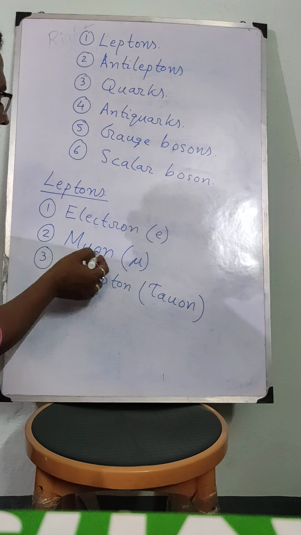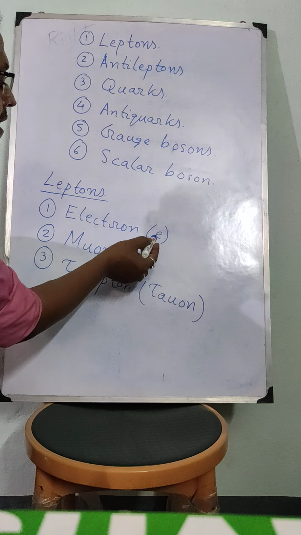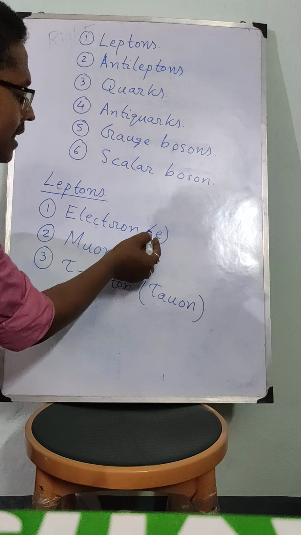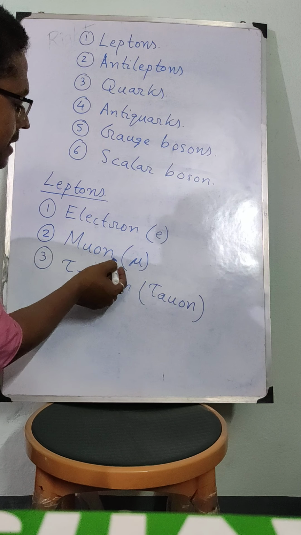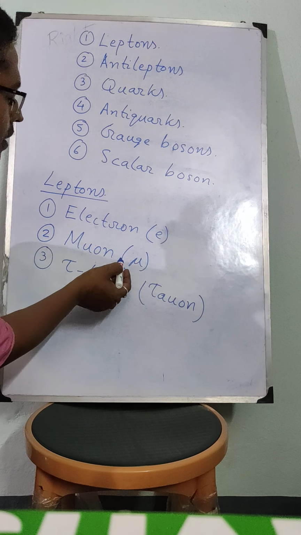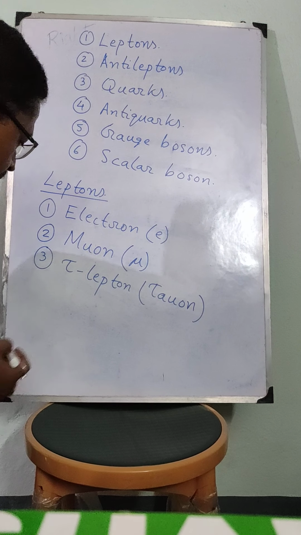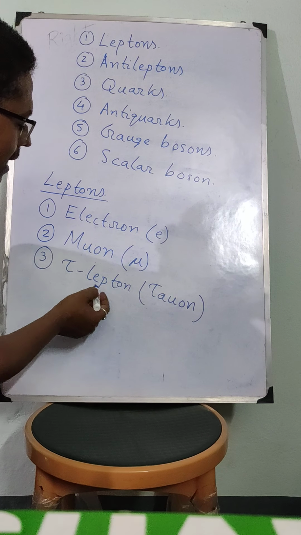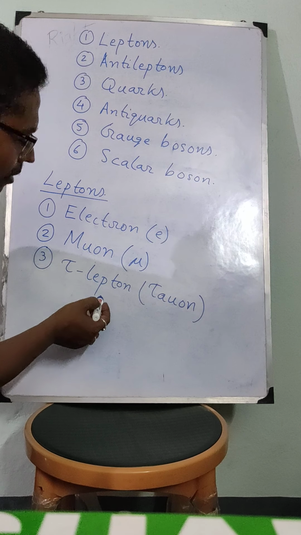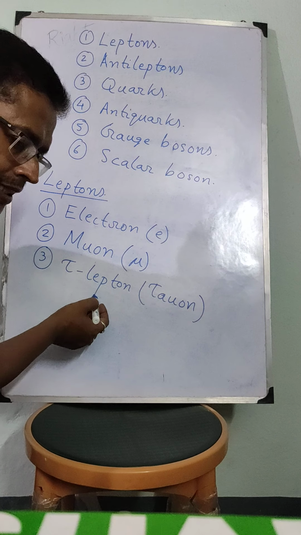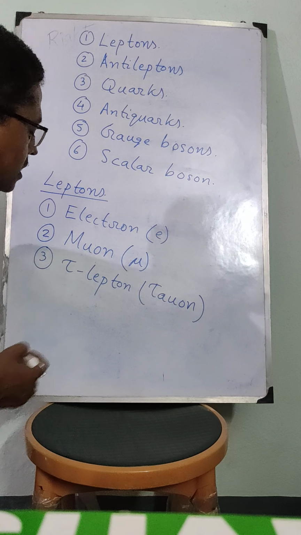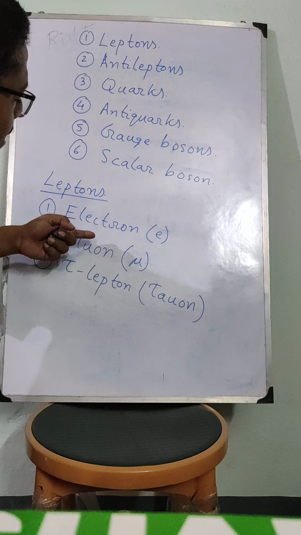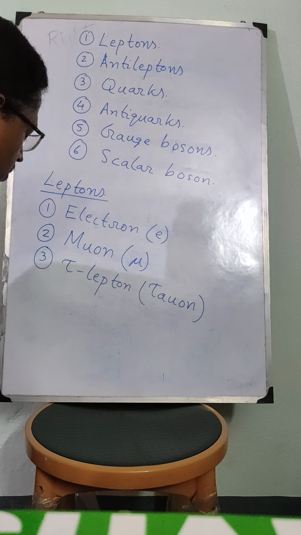See, muon is a lepton which is much heavier than electron, and it is a negatively charged particle, and its spin is 1/2. Tau lepton is also a lepton, and its spin is half. Electric charge is negative, and it is much heavier than electron and muon.